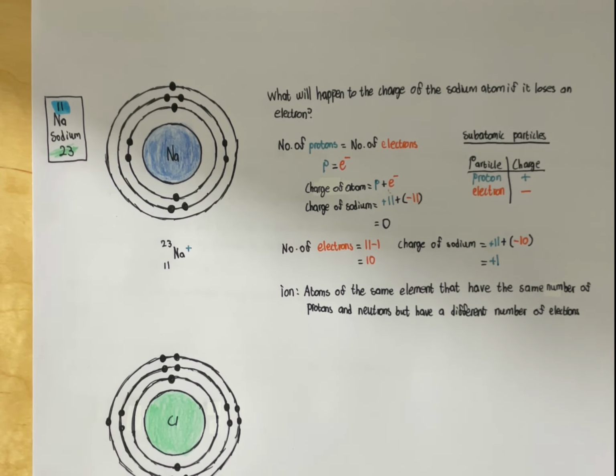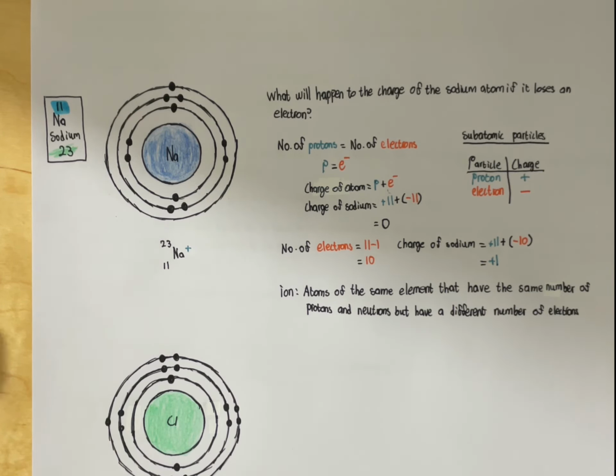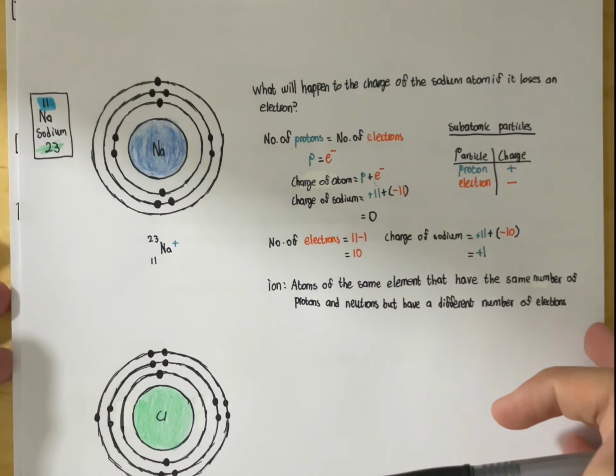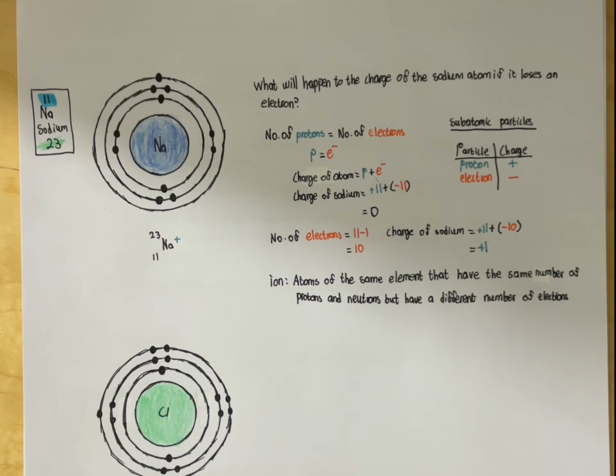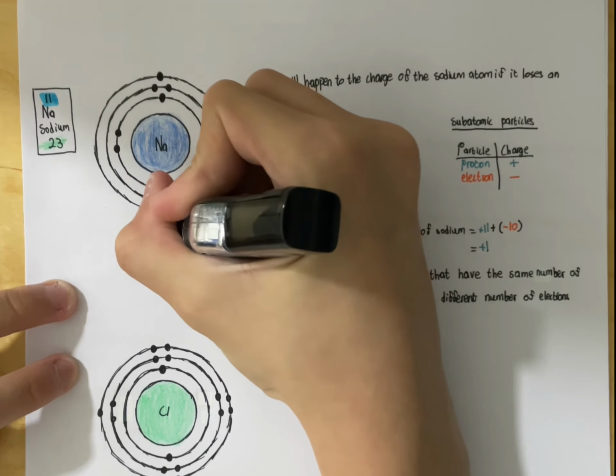I'm not sure if you can write the ion like that, so check your textbook. They don't really need you to write nuclide notation anyway, so just write Na plus for the ion, okay?